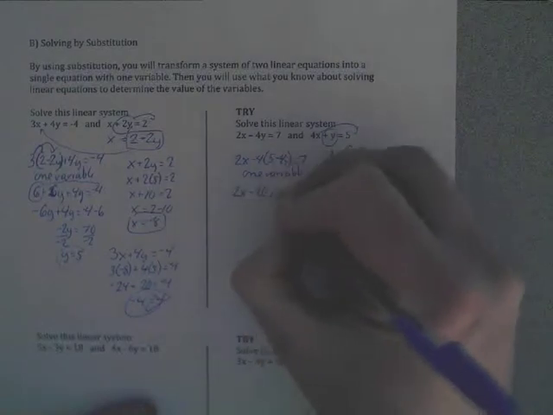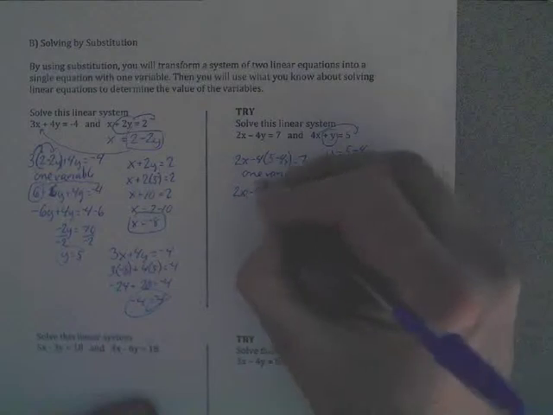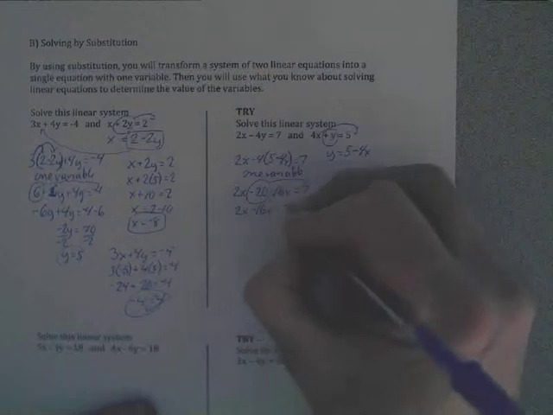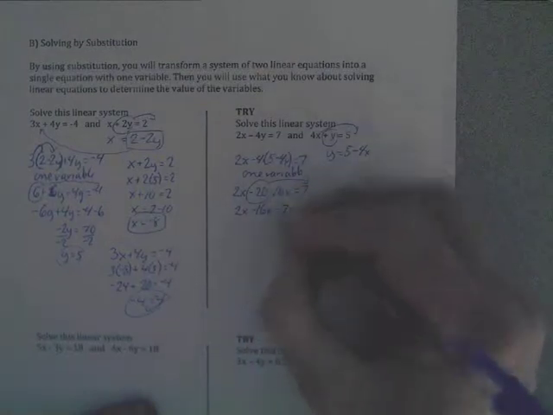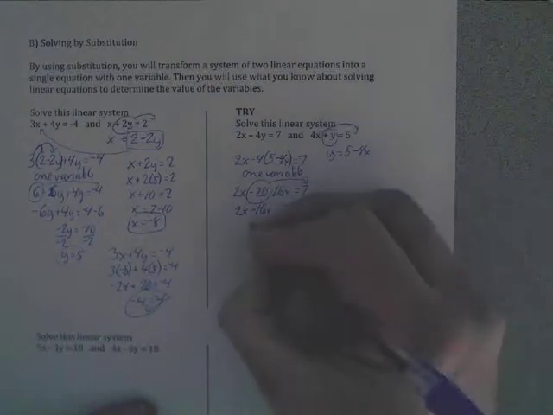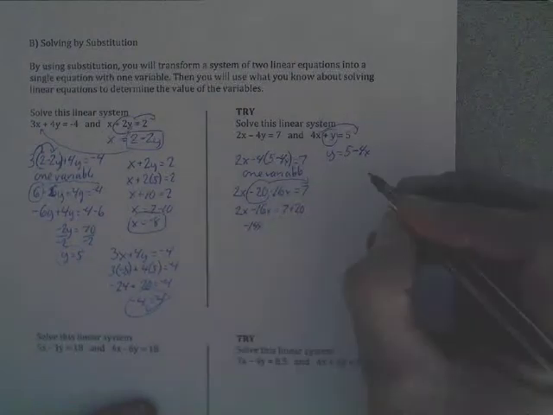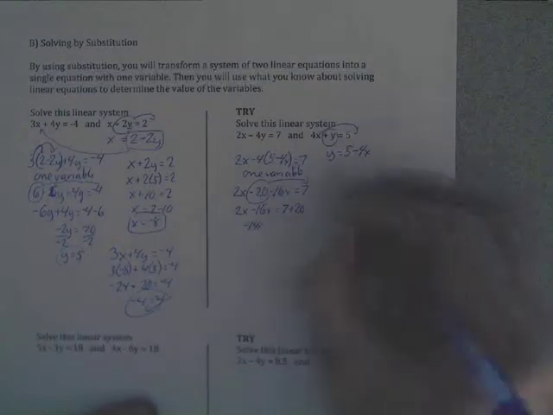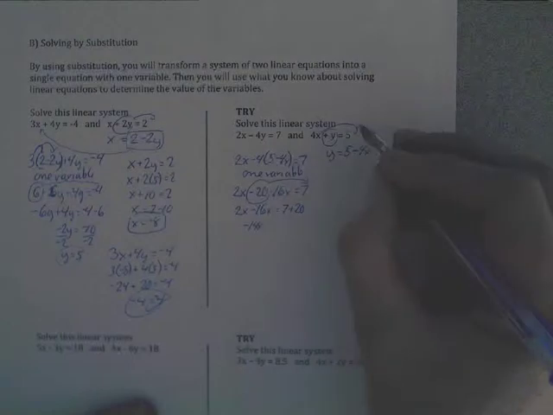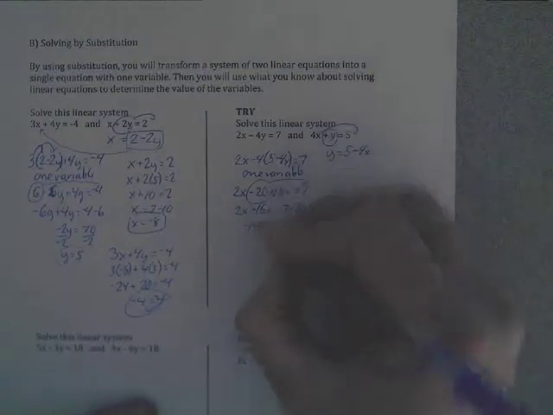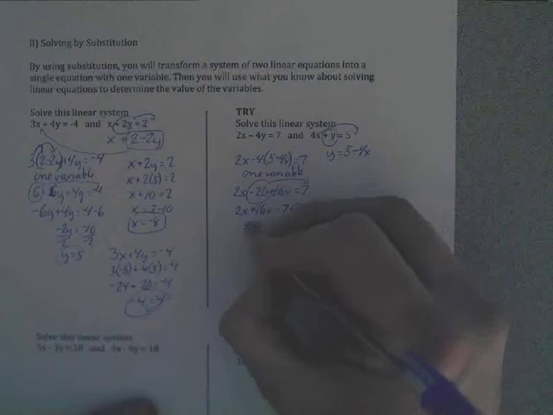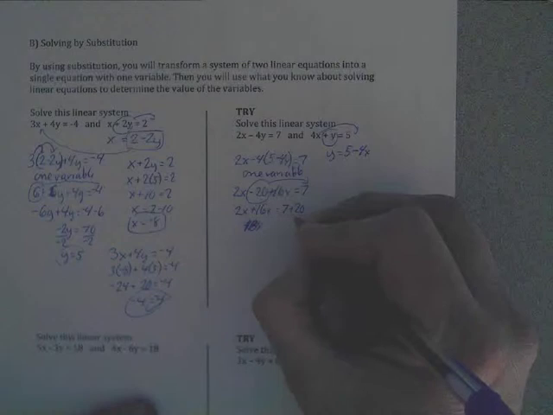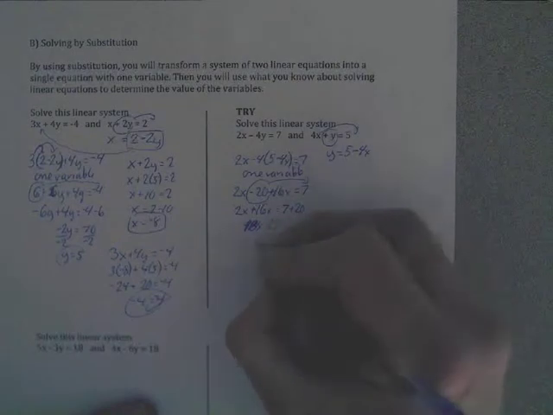2x minus 20 minus 16x is equal to 7. Bring that over, so I get negative 14x is equal to 7 plus 20. Actually, this should be positive 16, so this should be positive 18x is equal to 27.